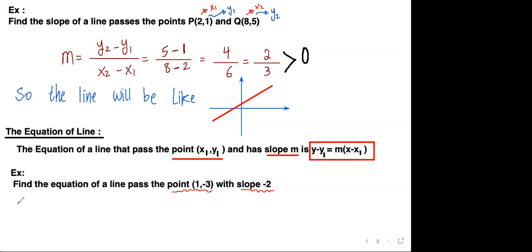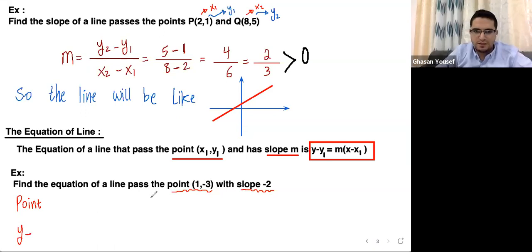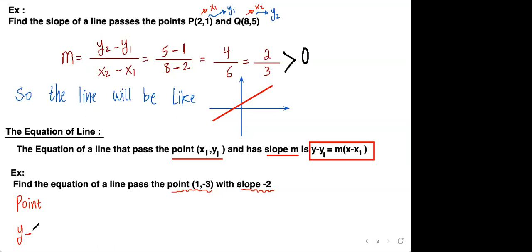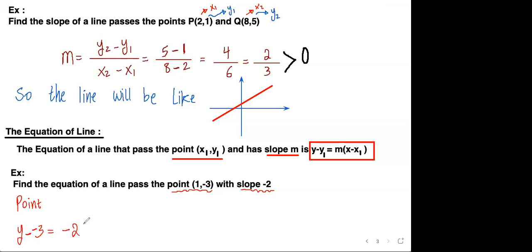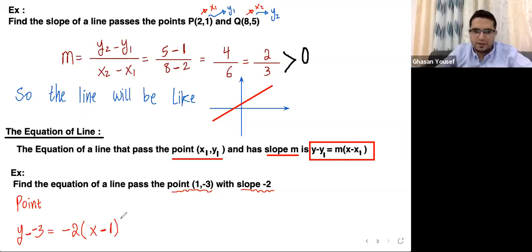Just plug in: y minus negative 3, minus minus is plus, so y plus 3 equals m, the slope, which is minus 2, times x minus 1. This is correct.